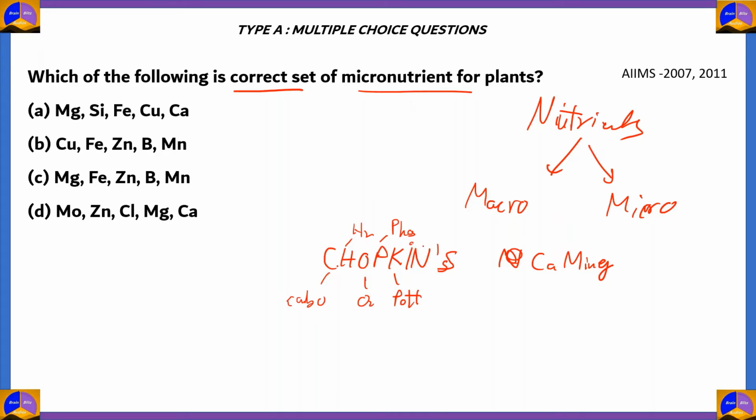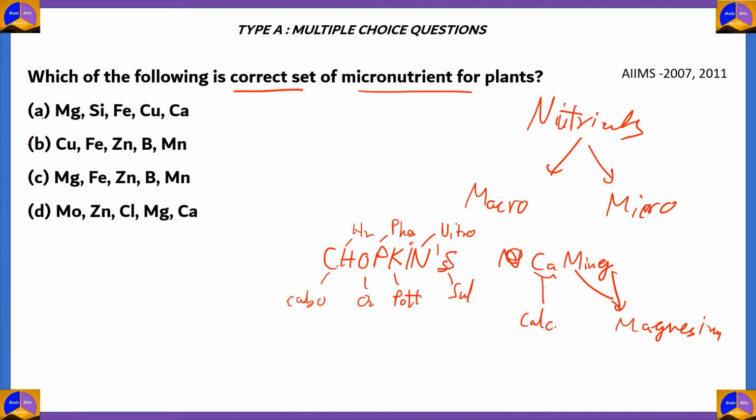That's why it's written in small letters. N stands for nitrogen, S stands for sulfur, Ca stands for calcium, and Mg stands for magnesium. So that's how you remember it. C. Hopkins coming. That is the mnemonic for macronutrients, according to the NCERT.